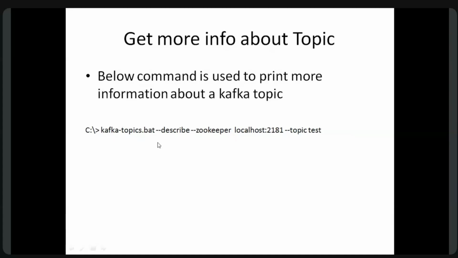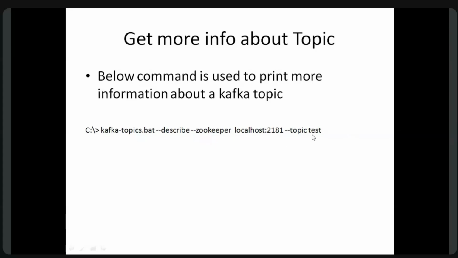The command name is the same, Kafka topics, and you give one more option called describe. Then the same thing: zookeeper localhost 2181, or bootstrap server localhost 9092, then the topic option and the topic name. It will print the entire information of that topic.